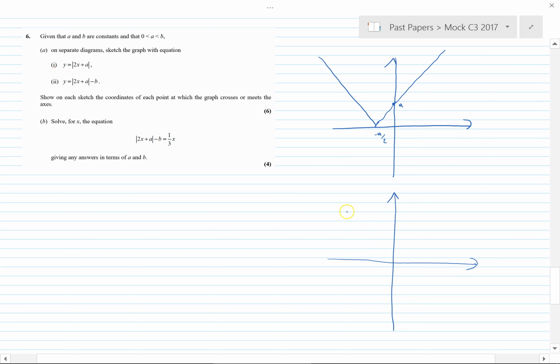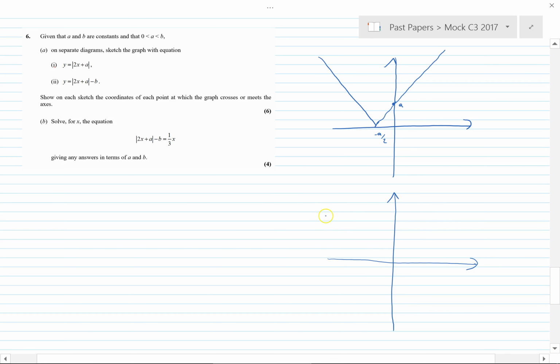So it's not going to be going through the origin. It's not going to go like that either, because we know that b is greater than a, and neither is it going to do that, because we know that b is greater than a.